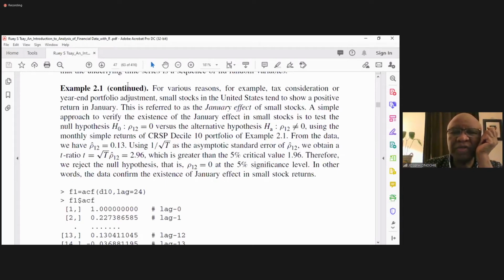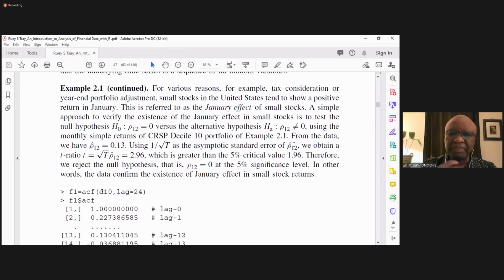When you read it at home, it says here that using 1 over square root of T as the asymptotic standard error, in other words, in the limit, if you have a very large sample, we can use 1 over square root of T as a measure of the standard deviation of the sample autocorrelations.